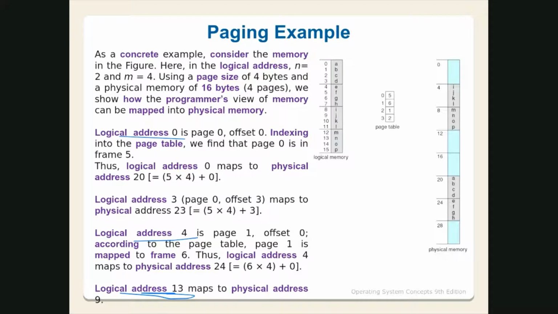If you want to do that calculation, how to map that to the physical address, first of all you need to know the binary equivalent of 13. What is the binary number of 13? Decimal is 13. What's binary? Any idea? Conversion? You already studied it in digital logic design.